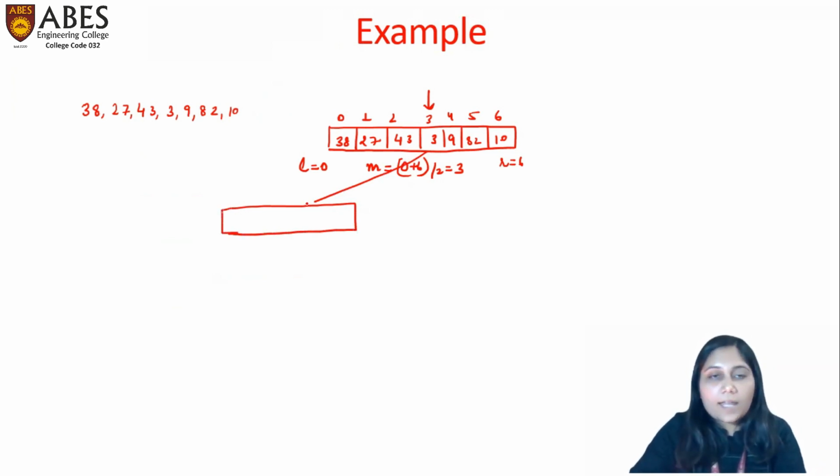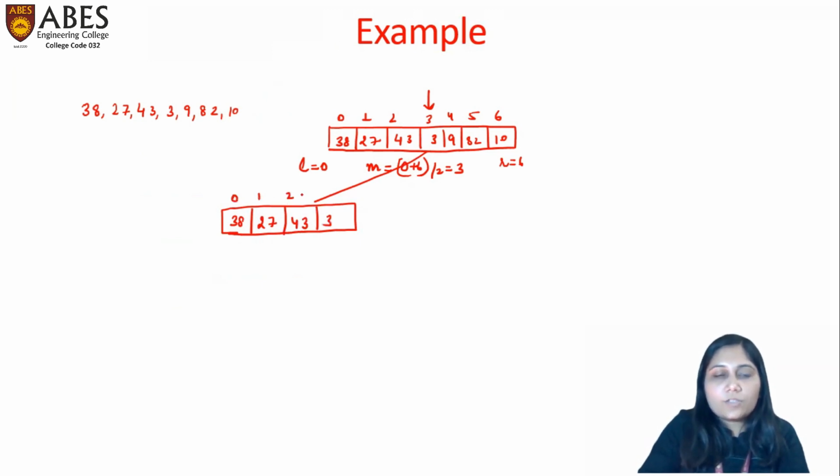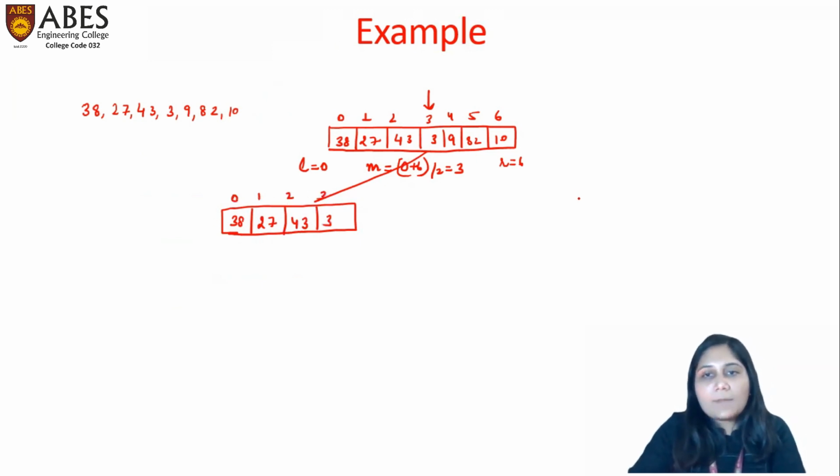Step by step you can understand: 38, 27, 43, and 3, indices 0, 1, 2, and 3, will be included. I'm not taking the other part right now; I will consider it once I have finished with this one. Now your left equals 0 and your right equals 3. This is your first part in the division.